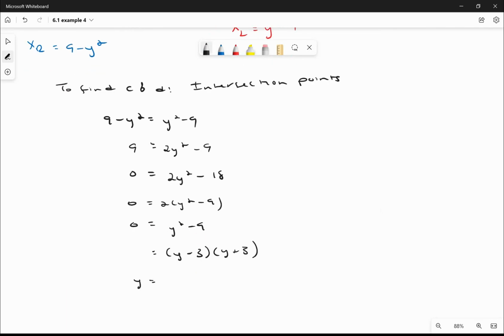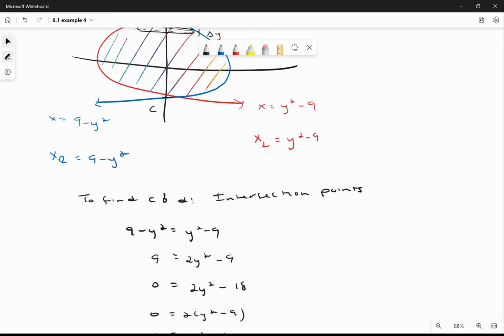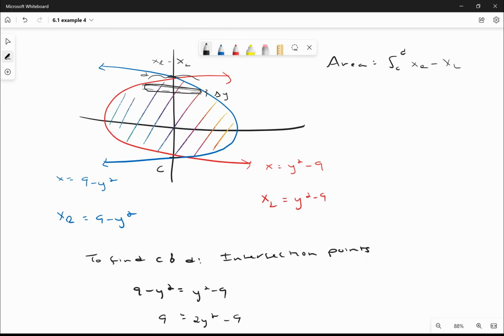You could also just add the 9 and take the square root, or just say y equals plus or minus 3. So our lower limit of integration is negative 3, and the upper is 3. So this is negative 3 here, and this is positive 3 here.